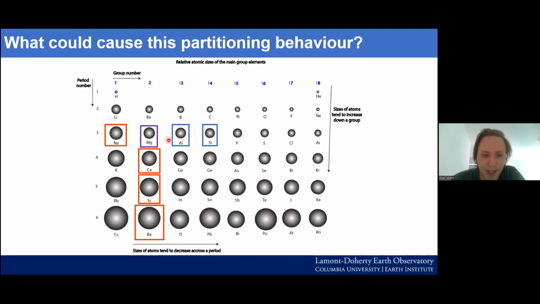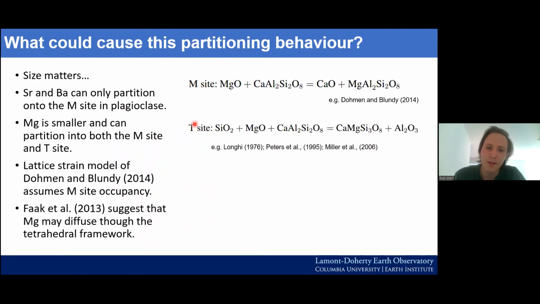Magnesium is quite interesting in the sense that it's smaller than strontium and barium, but it's very similar in size to calcium and sodium, as well as things in the tetrahedral sites. What this means is that strontium and barium can only really partition into the M site in plagioclase, whereas the smaller size of magnesium means it has the potential to sit in both the M site as well as the T site.